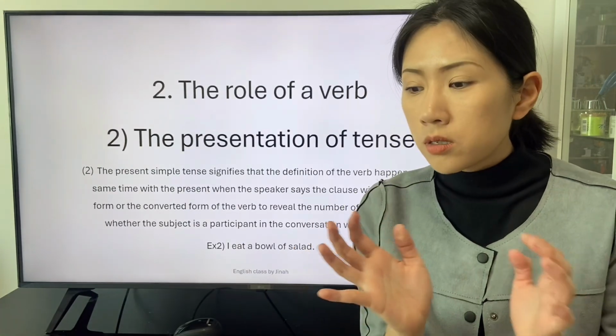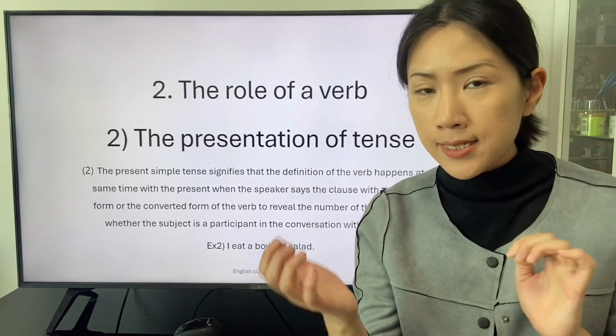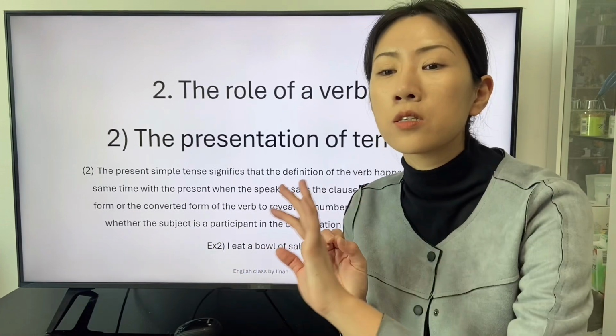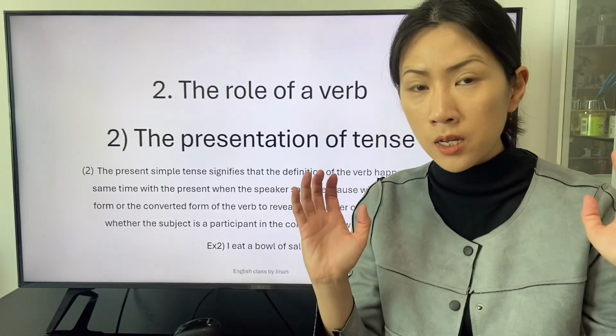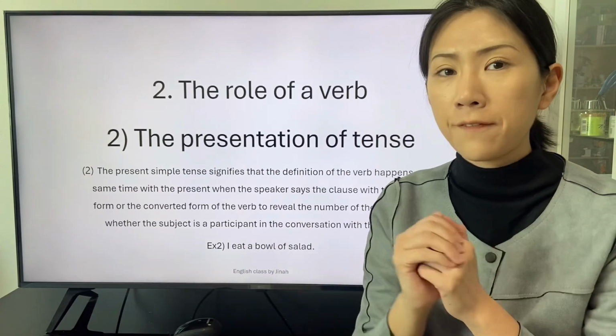So the speaker reveals that the subject of the clause is a participant in the conversation with the original form of the verb.